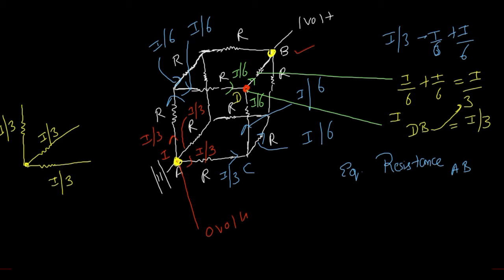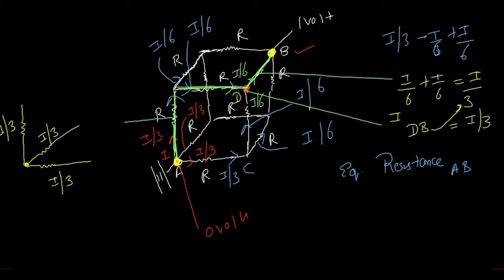And we did a small exercise of splitting the current, and so on. So let's concentrate on this branch, for example, and see what happens. This is branch 1, this is branch 2, and this is branch 3.